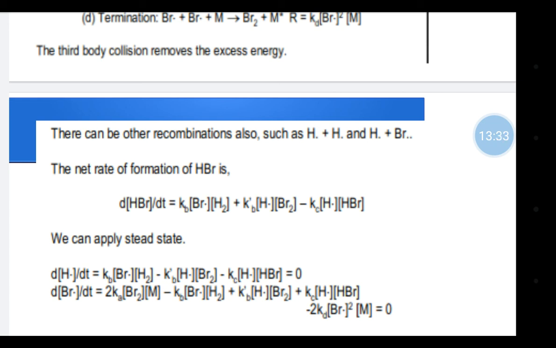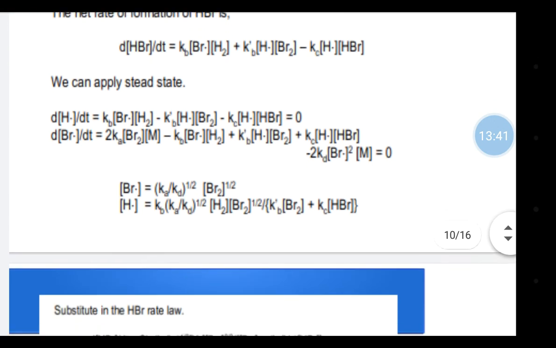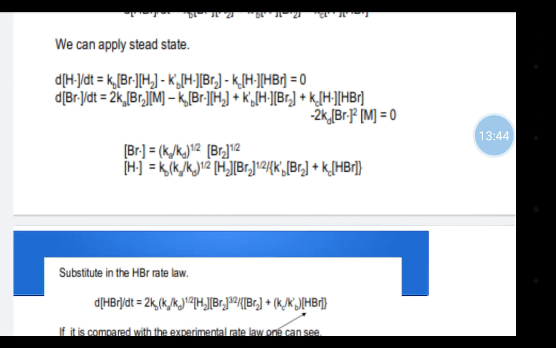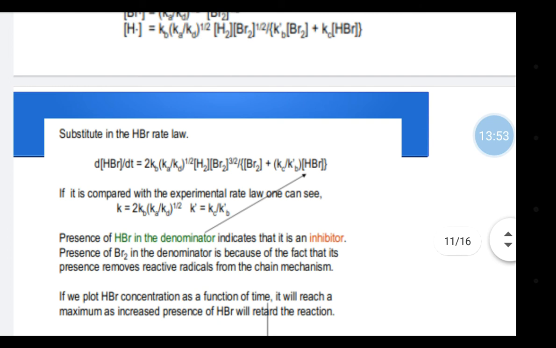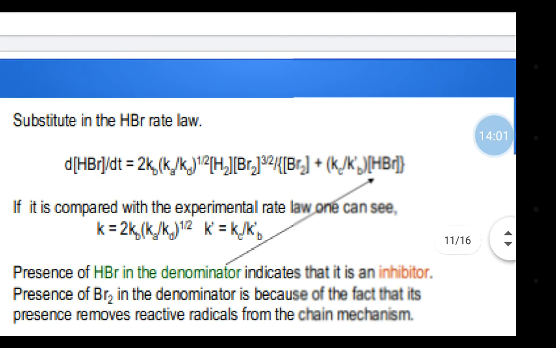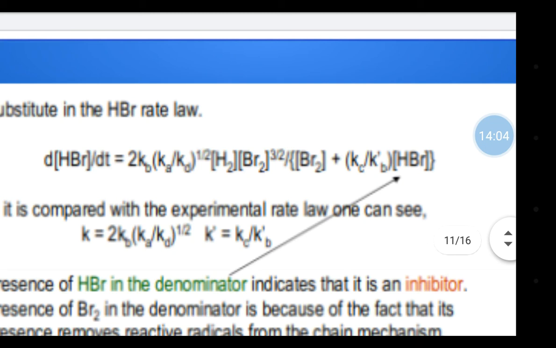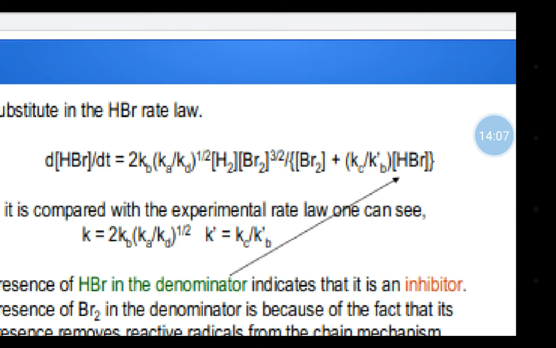Apply steady state approximation to the rate of change of concentration of hydrogen free radical and bromine free radical, then derive the expressions for the concentrations of bromine free radical and hydrogen free radical, substitute them, and finally derive the equation d[HBr]/dt equal to 2 Kb into (Ka/Kd) raised to half into the concentration of hydrogen into the concentration of bromine raised to 3/2, the whole divided by the concentration of Br2 plus (Kc/Kb dash) into the concentration of HBr.